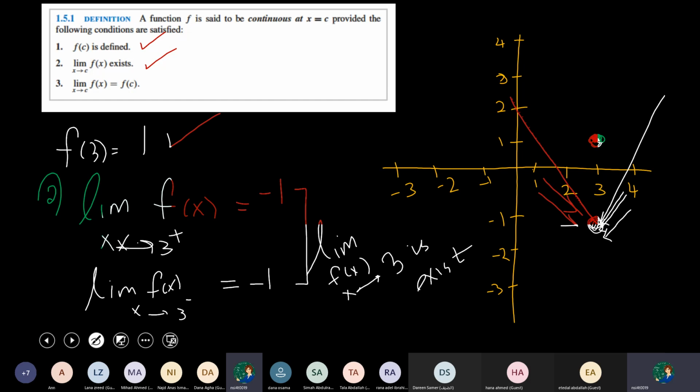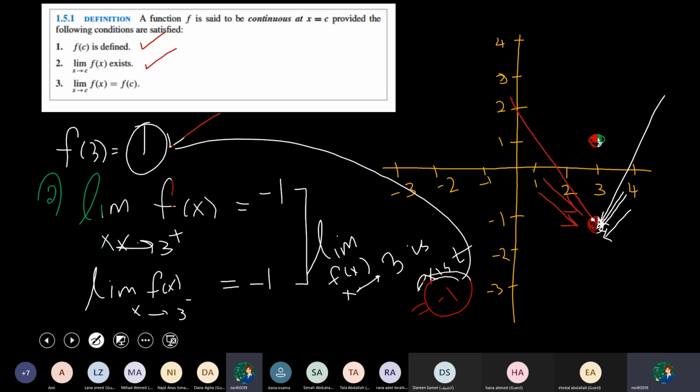Now check number 3. In number 3, it tells me that the number where the limit exists, which is -1, must equal f of 3, which is 1. Is -1 equal to 1? Is the value of the function equal to the limit?